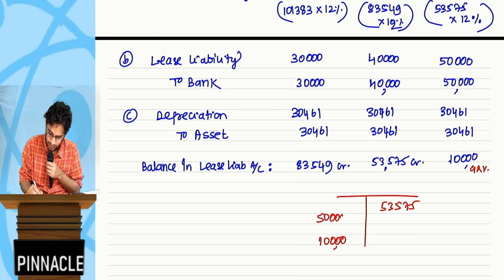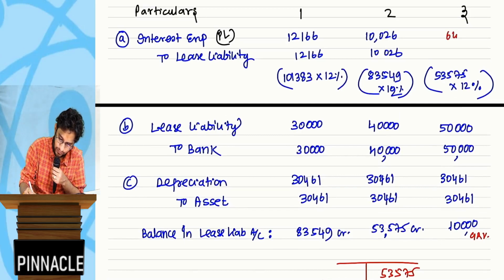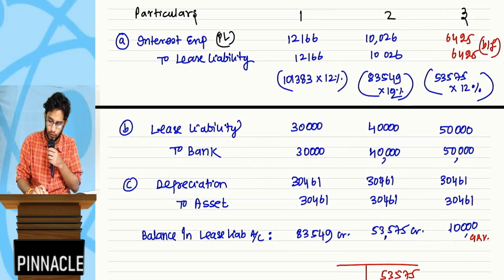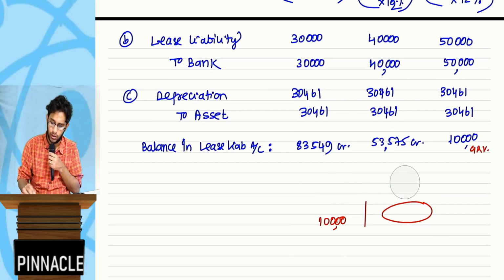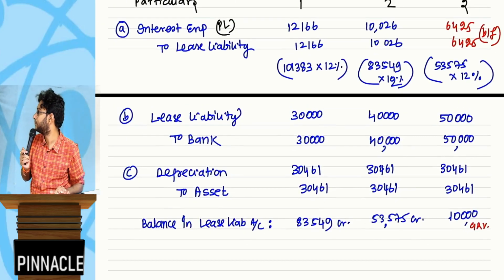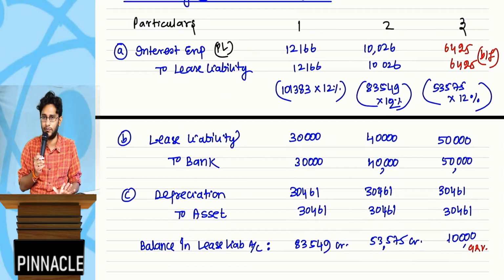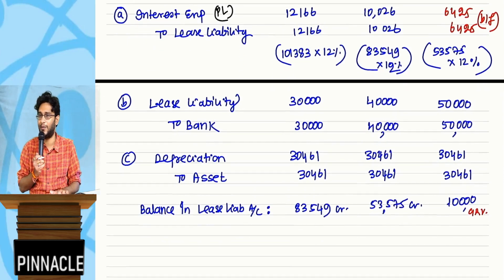I pay 50,000. How much interest I should record? 60,000 minus 53,575, that is coming to 6,425. This is the balancing figure. If I originally do it, it's coming to 6,429. 4 rupees you ignore. If you catch 4 rupees also, no problem, but your GRV will not look good. It will be 9,996 or something like that. So make your GRV look good. If you leave the answer here also, he'll be very, very happy with you. Nobody will ask you what happened.